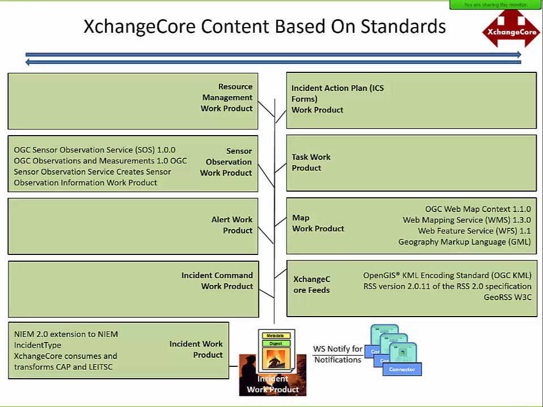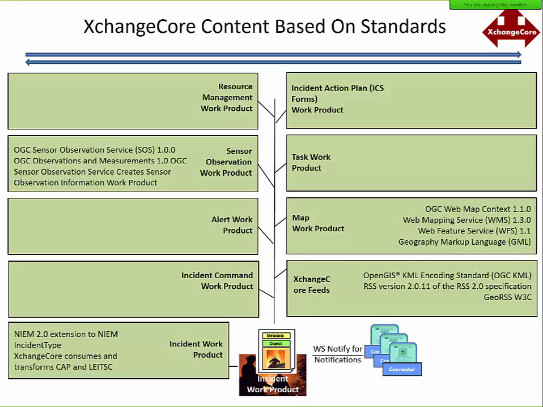Other standards that come from the Open Geospatial Consortium we use for our XchangeCore feeds, we use for our map work products, all of those basic standards that exist out there in the industry so that everybody knows how to go get that information.